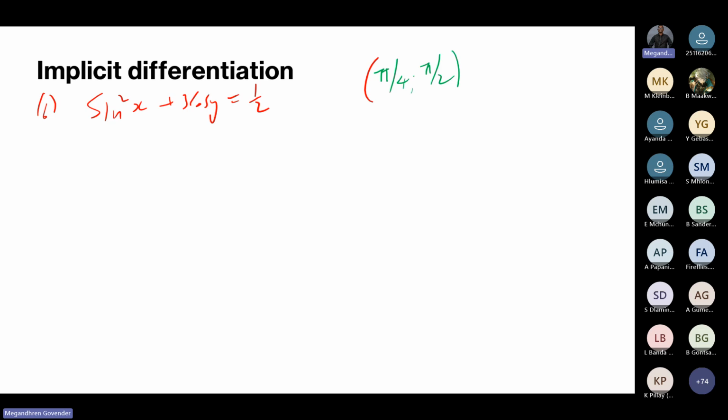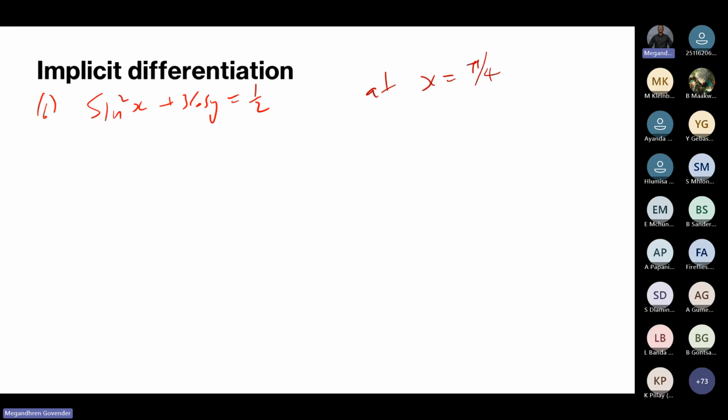Now, the other point I was going to make is this. Sometimes examiners can be really bad. I'm not one of those, but they can be bad, and they will tell you this. Instead of giving you the x and y values, they will tell you at x equals pi by 4. So now the question is, how would I find y? Anyone?